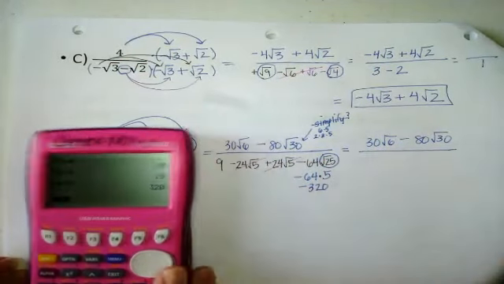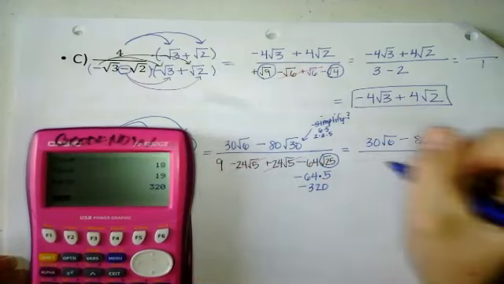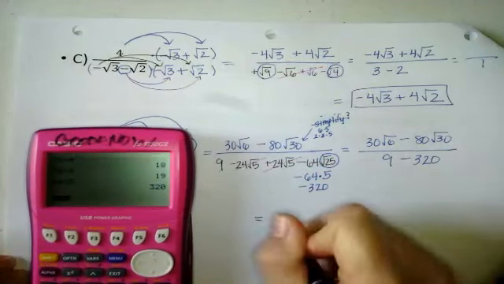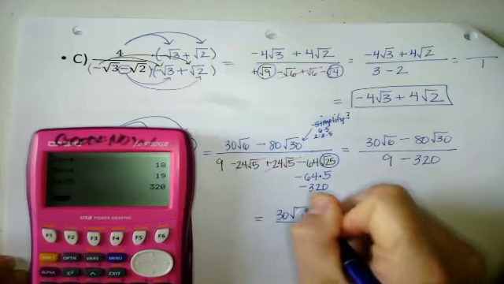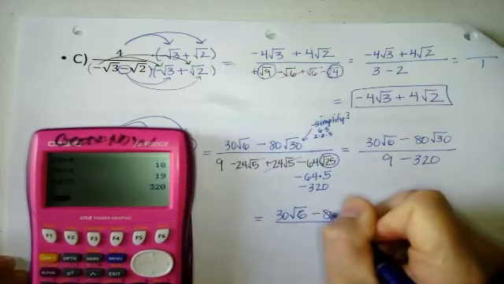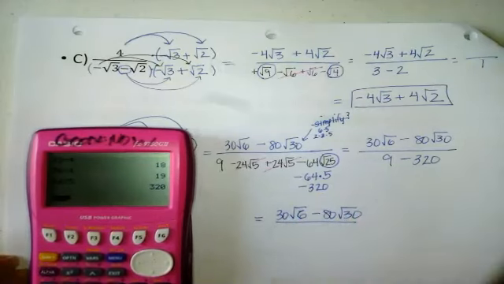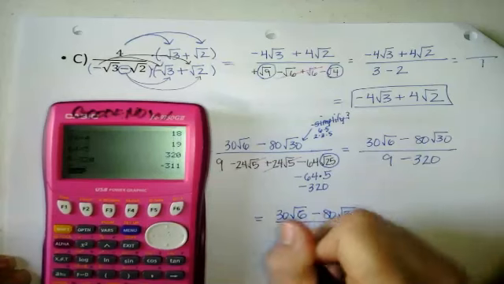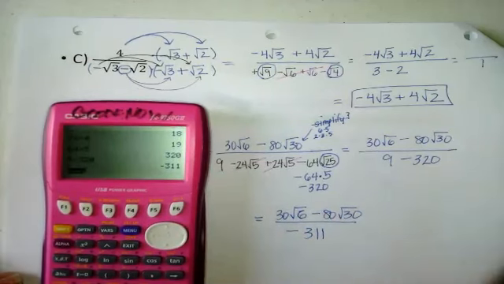All right, so 9 minus 320. That is just disgusting. 30 radical 6 minus 80 radical 30. And 9 minus 320 is negative 311.